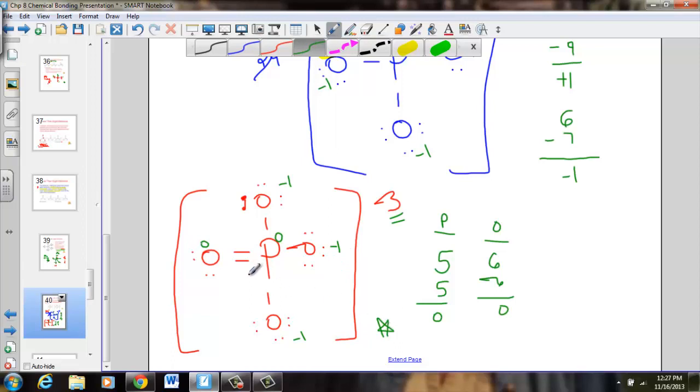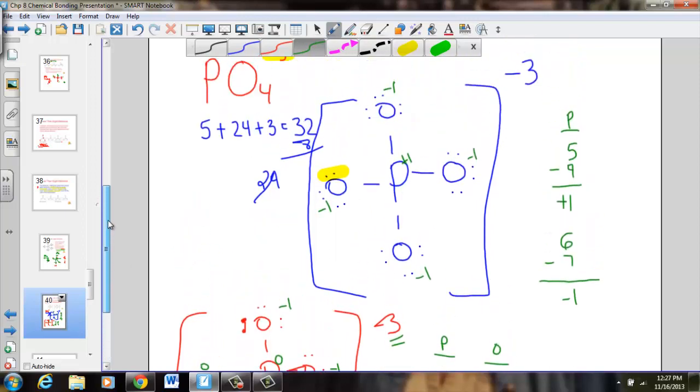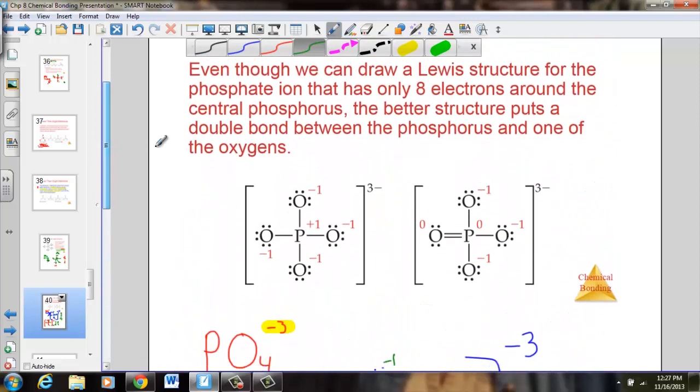By expanding the octet on phosphorus, I brought down its formal charge, not only on the phosphorus but also on one of the oxygens, where the net remainder formal charge equates the overall polyatomic ion charge. We drew the structure that alleviated the positive charge on the central atom, phosphorus, brought it down to 0. We alleviated one of the formal charges on oxygen.